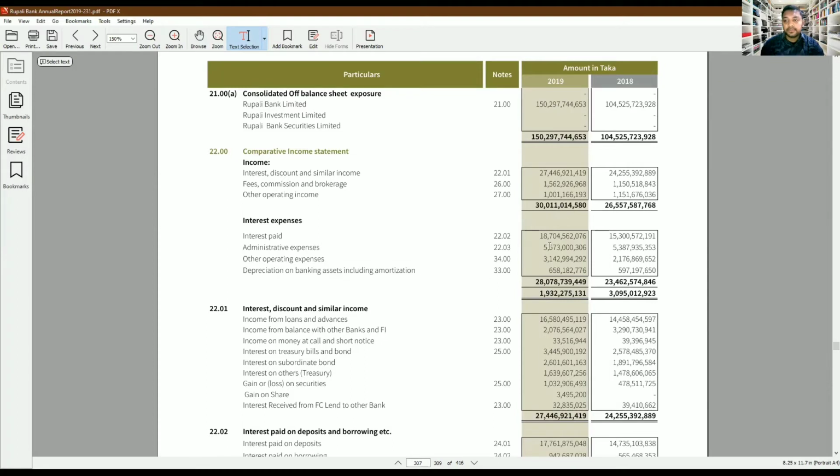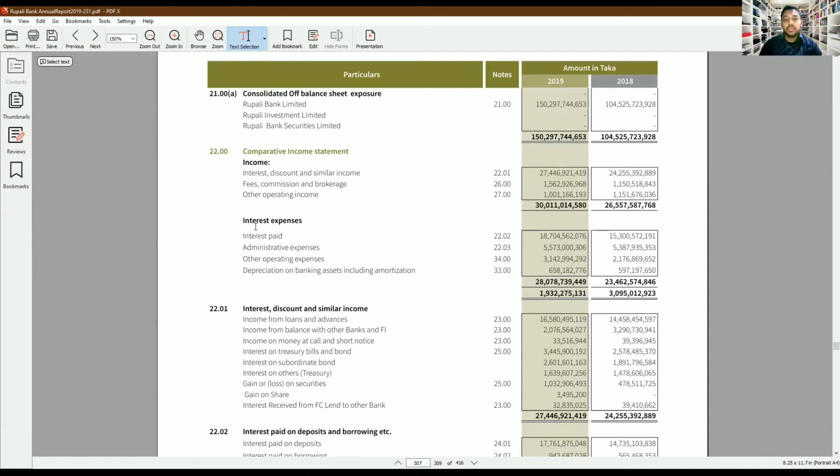So basically, if we analyze the values, the interest paid in 2018 was about 15 billion taka, and it rose to 18 billion taka in 2019. And according to the other components, the same happened. So the implication is that the interest expense rose from 2018 to 2019.